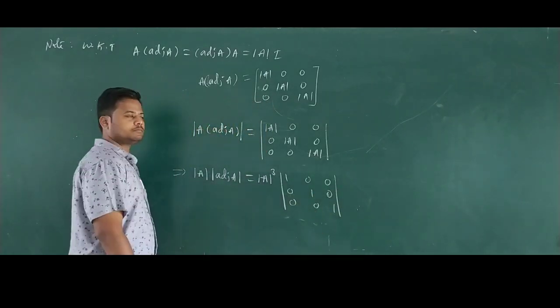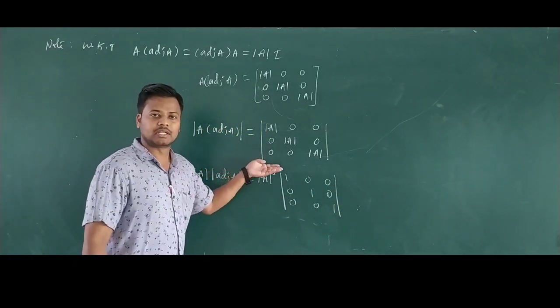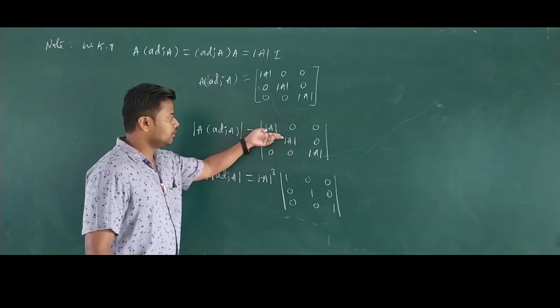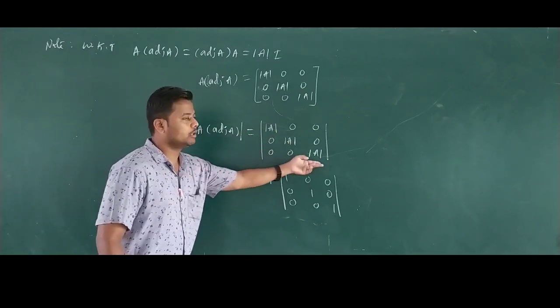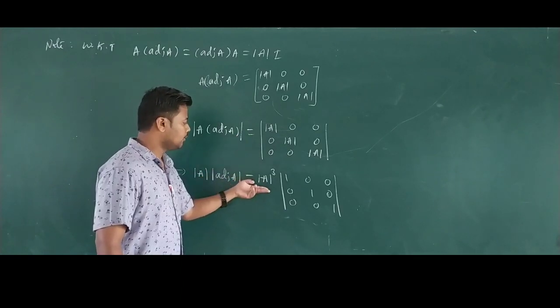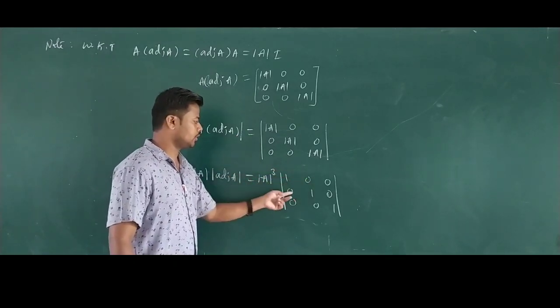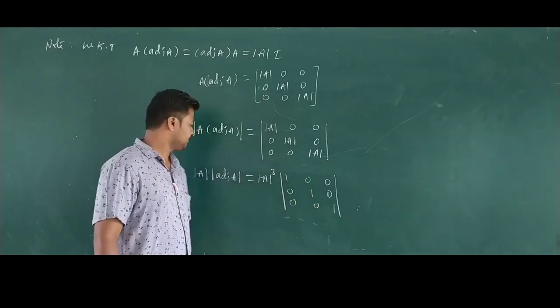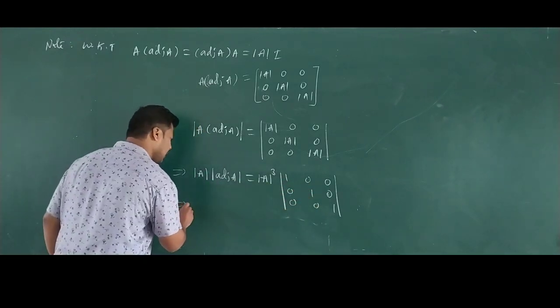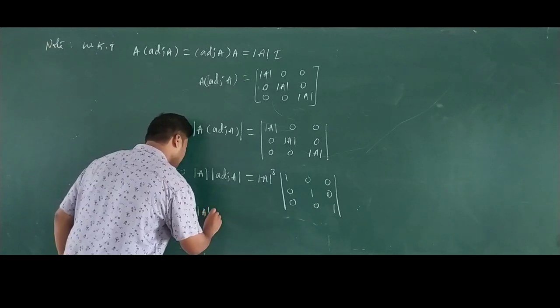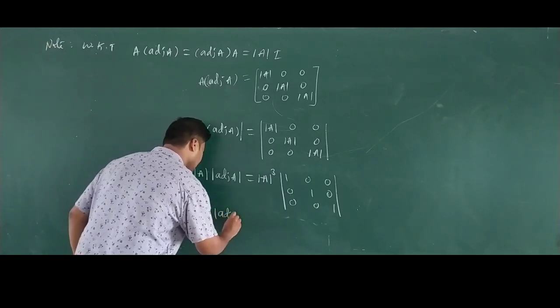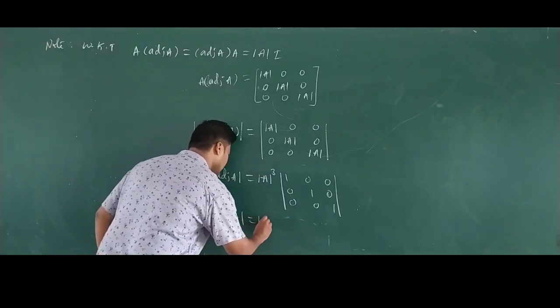So this implies determinant of A into determinant of adjoint of A equals determinant of A to the power 3.